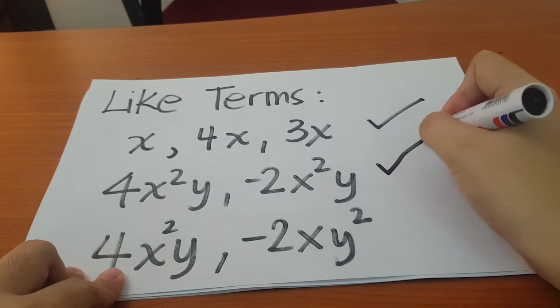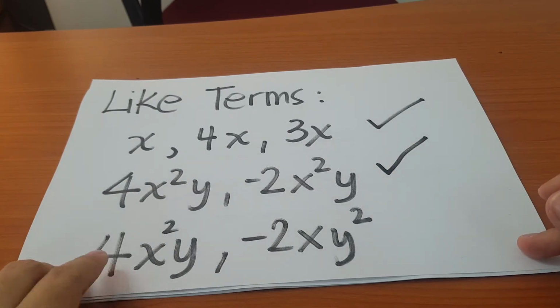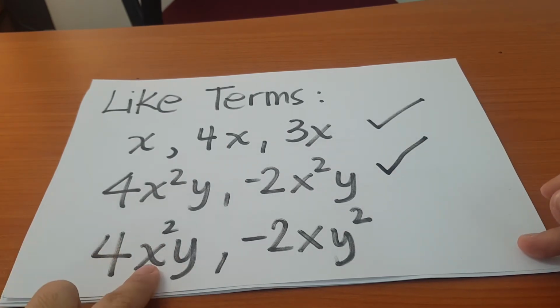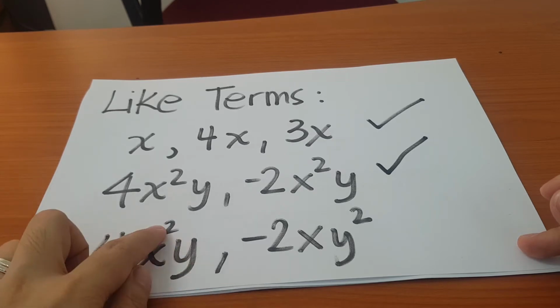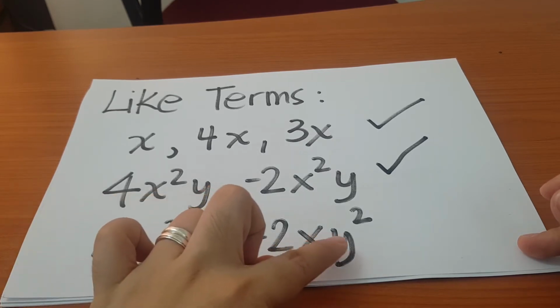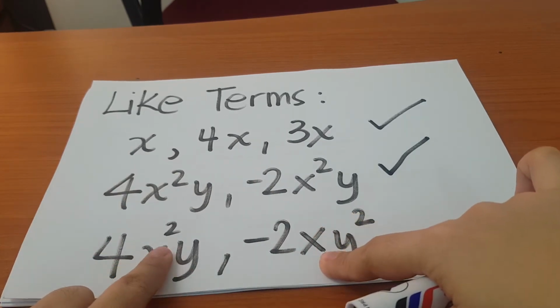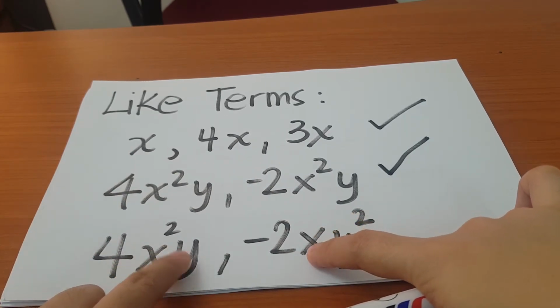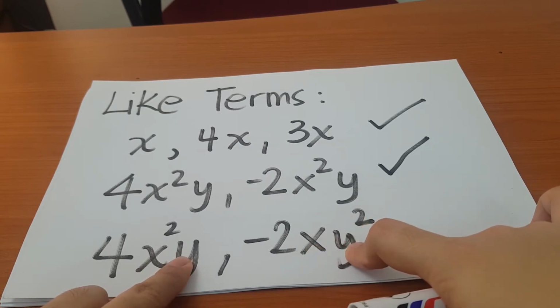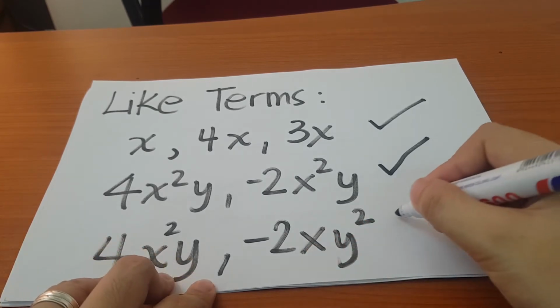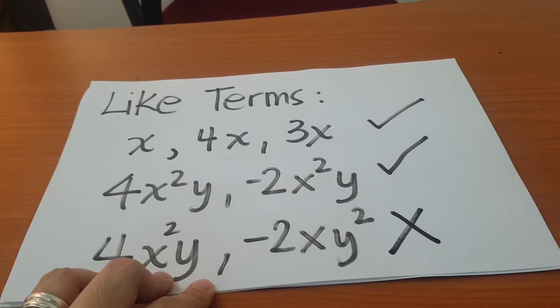Also, they are like terms. For the third one, look at this. This is x squared y and this is x y squared. Look at the difference. Here it is x squared, here it is x, here it is y, here it is y squared. Therefore, in this case, they are not like terms.